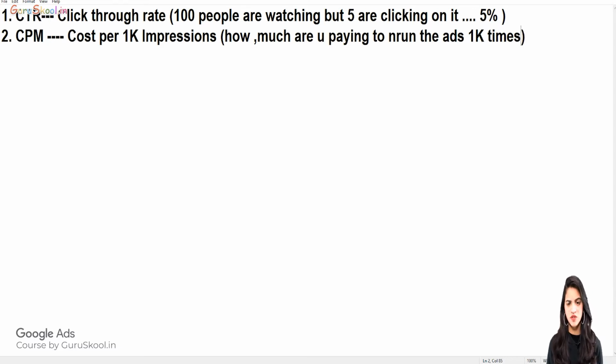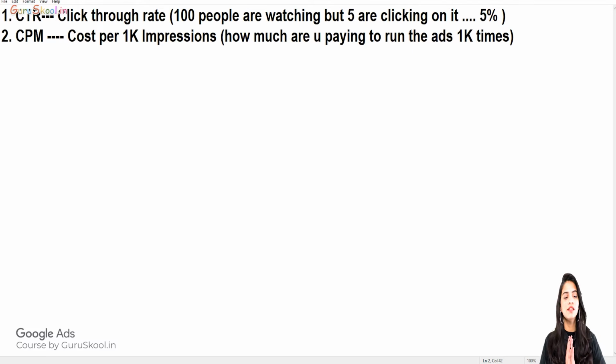Okay, let me just correct my words. Yes, CPM means cost per 1,000 impressions, meaning how much you are paying to run the ads 1,000 times, and to whom will you be paying? To Google, right?